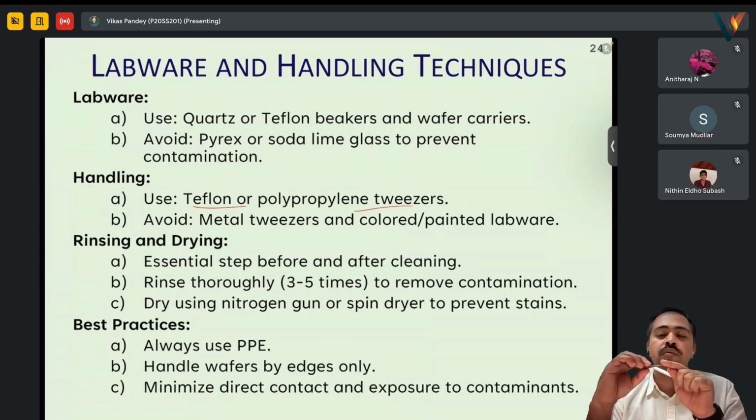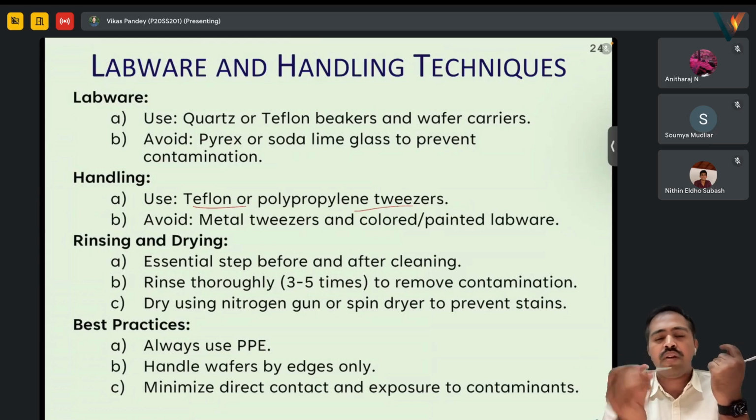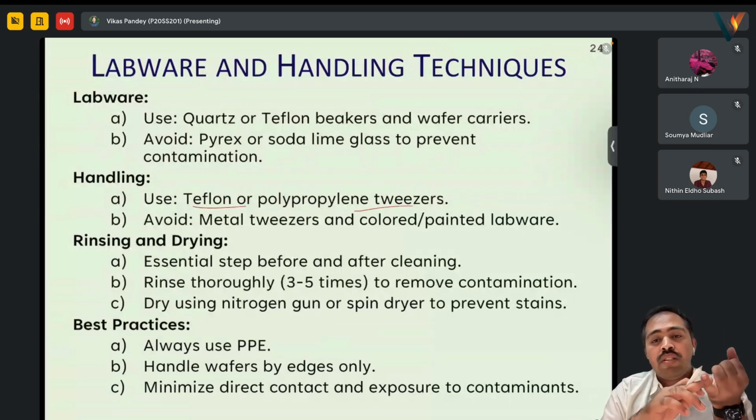The wafer one will have a Teflon part at the end for handling. This is for handling small bits of a wafer if it has broken, because metal tweezers or colored or painted things are not allowed.